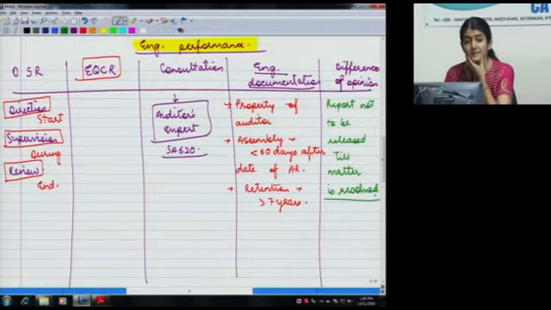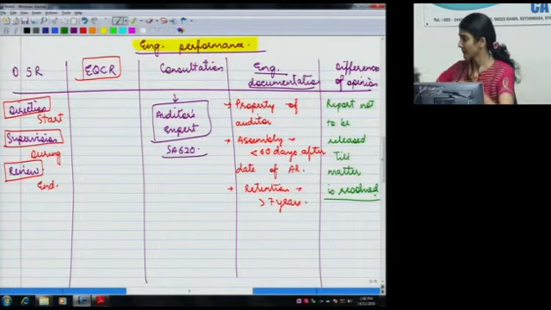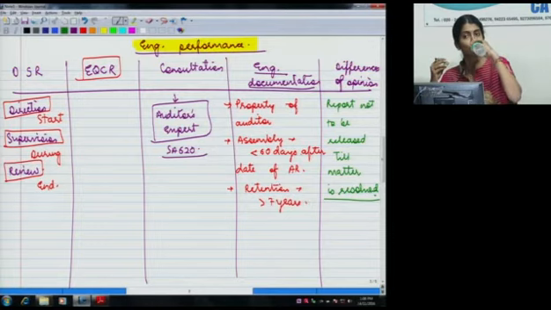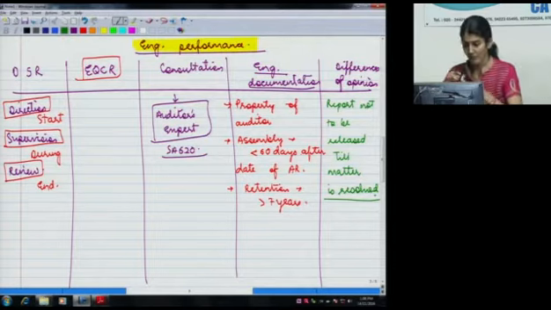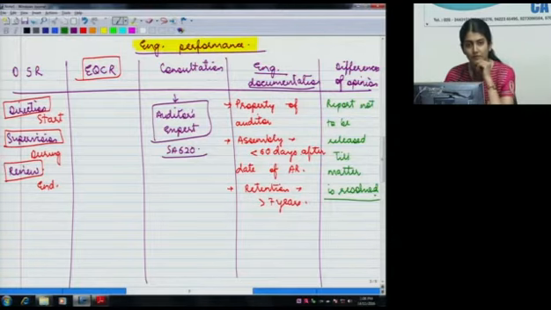Report not to be released till the matter is resolved. Right, report not to be released till the differences of opinion have been resolved.